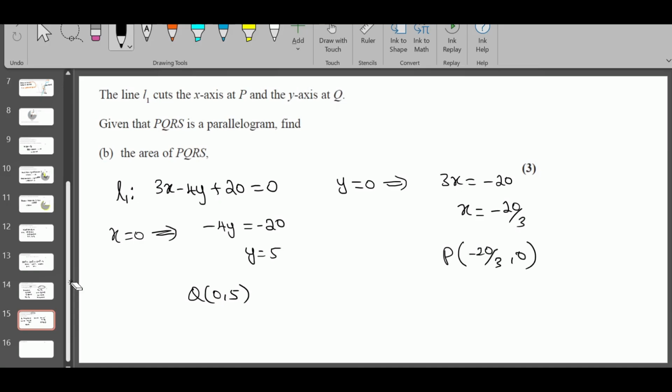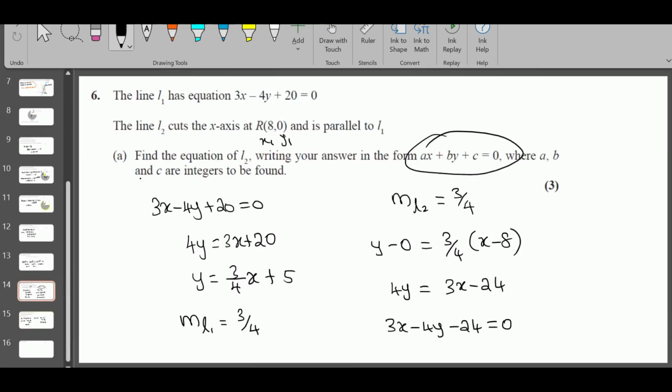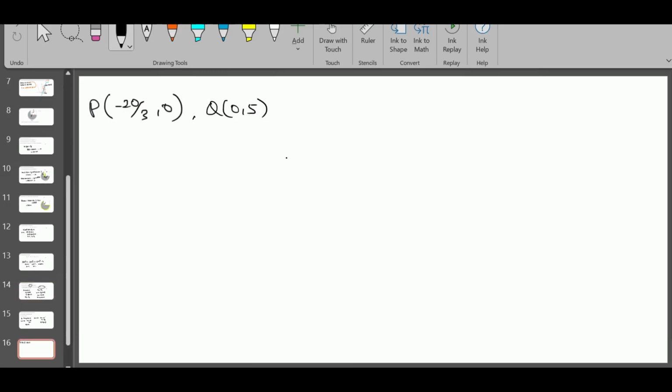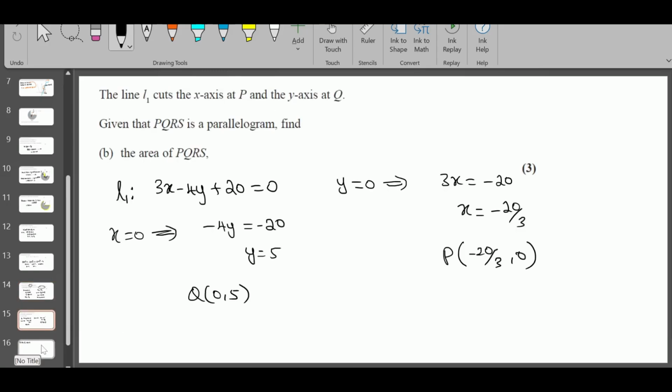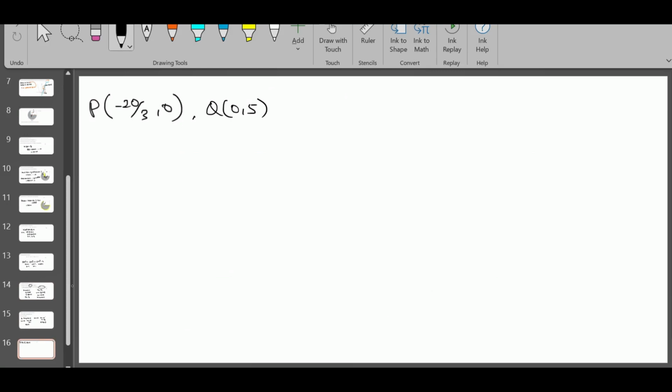We have P and Q here. R is given in the previous part. So let's draw a diagram to understand it.